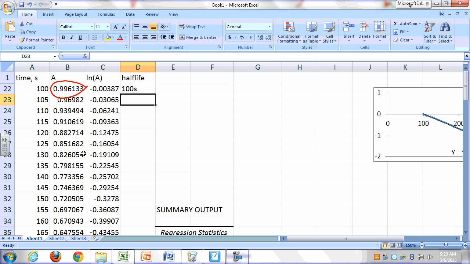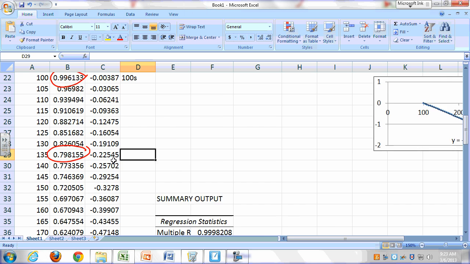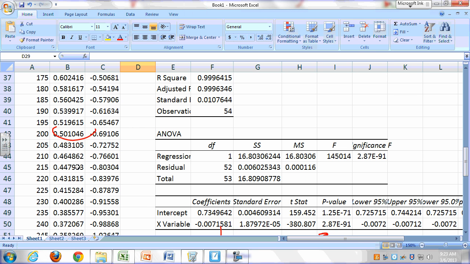How long does it take to go from, let's say, 0.8, this is about 0.8 right here, right? That 0.8 happens at 135 seconds. How long does it take to go from 0.8 to 0.4? Where is 0.4? Right here. That's 230 seconds.